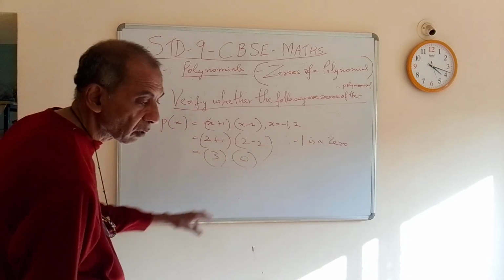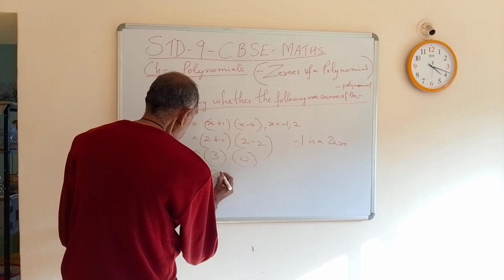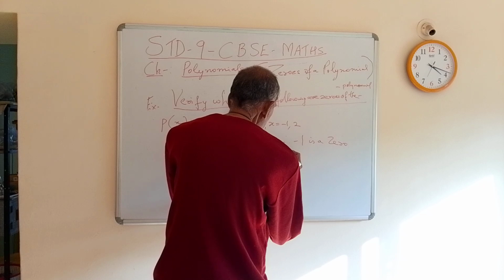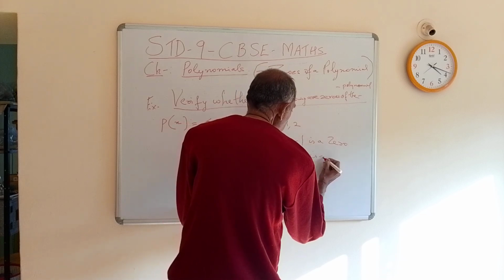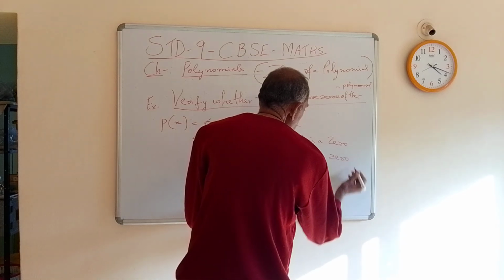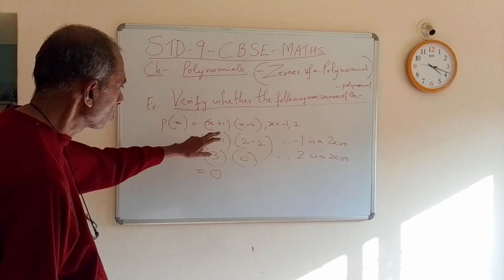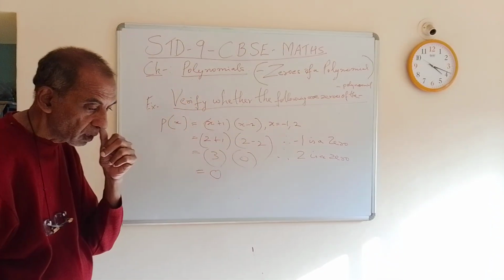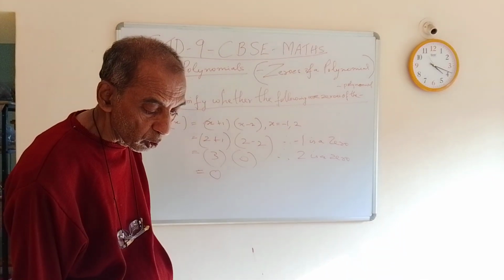So 3 multiplied by 0 is equal to 0. So therefore 2 is also a zero of the polynomial in this case. So both -1 as well as 2, for this sum, it is proved that they are zeros of the polynomial.